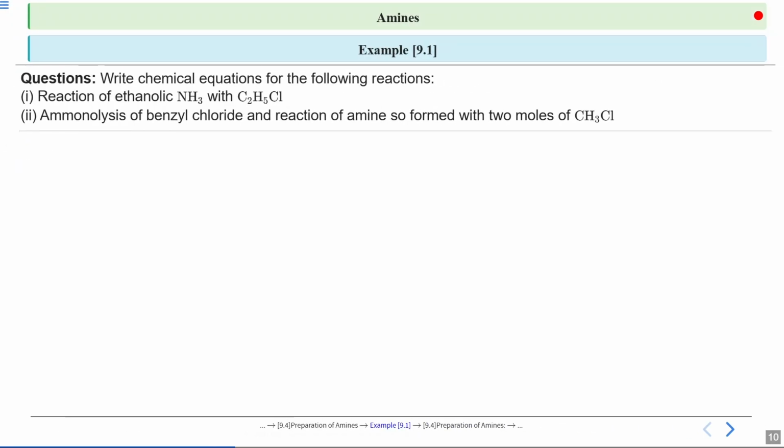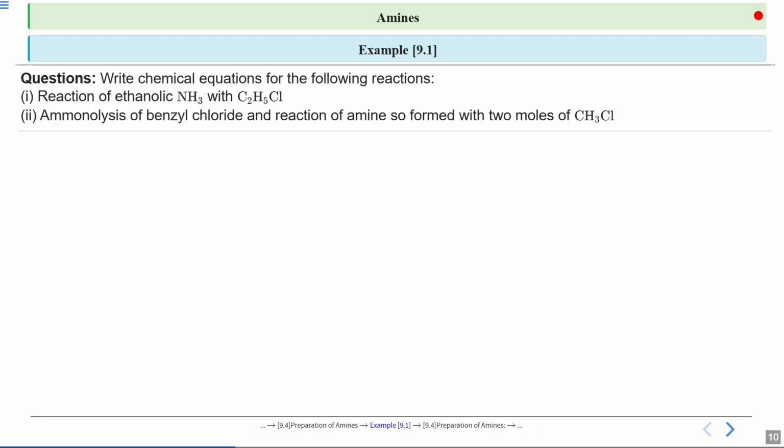Now we are going to solve a question. In this question, which is example 9.1, you have to write the chemical equations for the following reactions. First is the reaction of ethanolic NH3 with C2H5Cl. Second is ammonolysis of benzyl chloride and reaction of the amine so formed with 2 moles of CH3Cl.